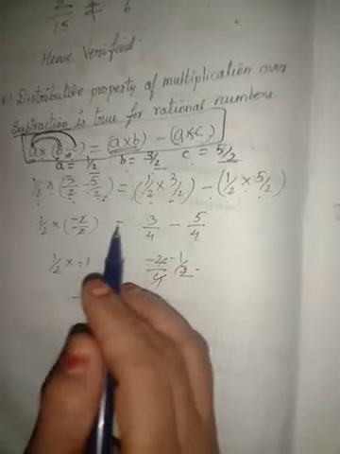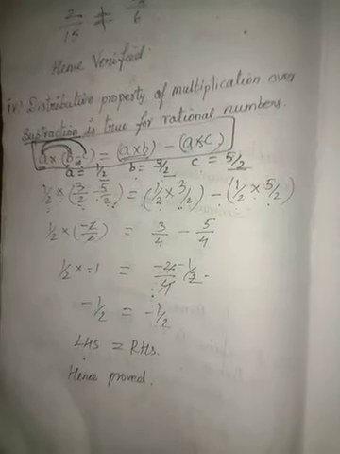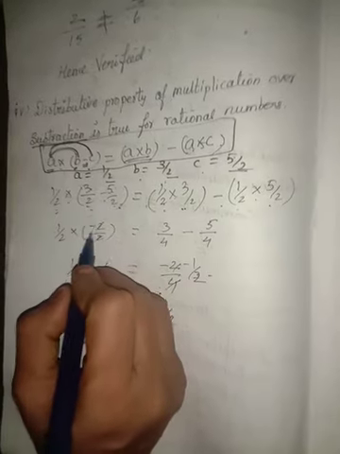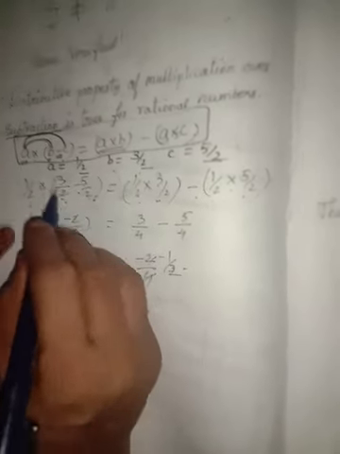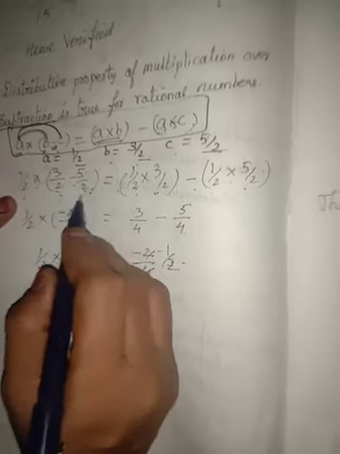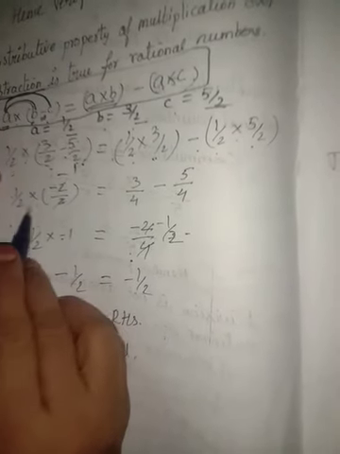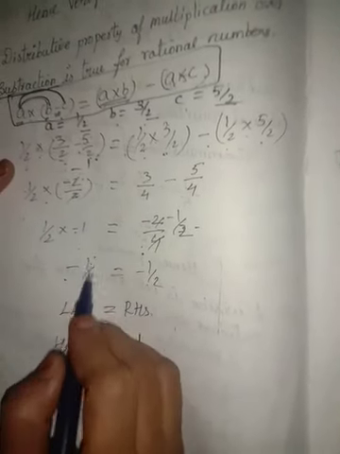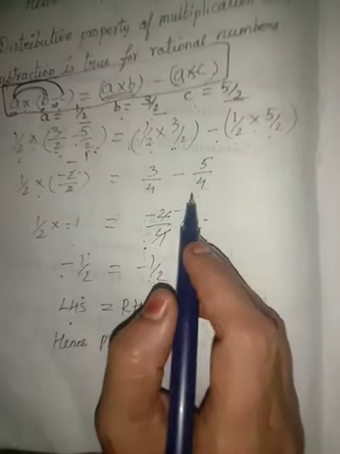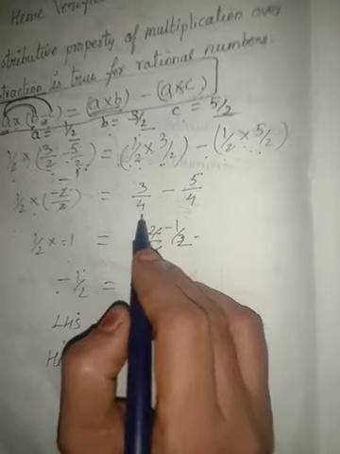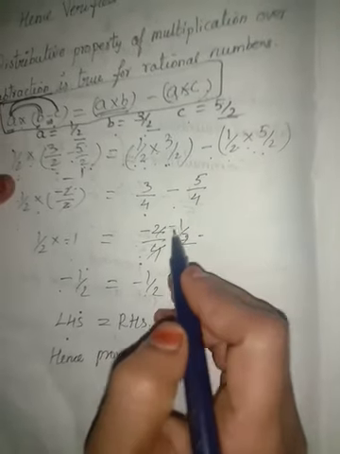Through the BODMAS rules, we must solve the bracket first. That's why I solve the bracket: 3 minus 5 by the common denominator, we get minus 2 by 2. From this we get minus 1. So 1 by 2 into minus 1, we get minus 1 by 2. On the other side, simplifying the brackets first, we get 3 by 4 minus 5 by 4.